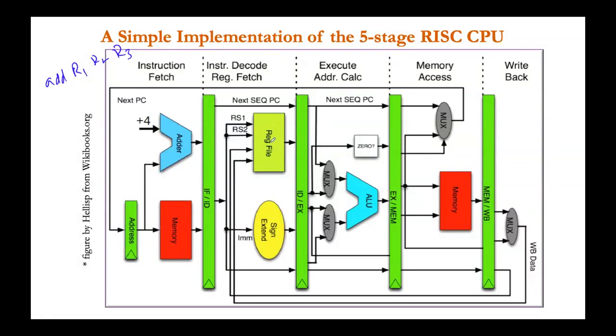Because here operand 1, operand 2, and your destination are all registers, this input will be given to your source 1, source 2, and your destination will be here itself. If you observe, this destination line comes from your ALU. Now the output of your register file will be given as an input to your ALU. So the first input is register operand 1, the second input is operand 2, and the ALU will perform the operation.